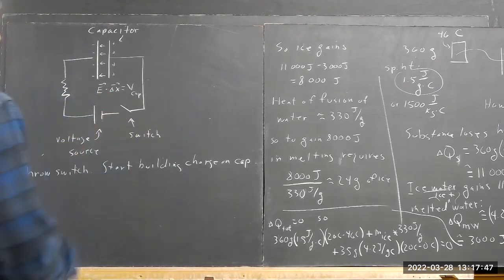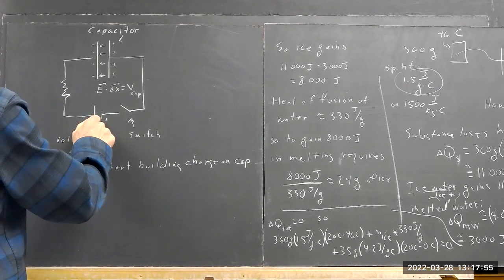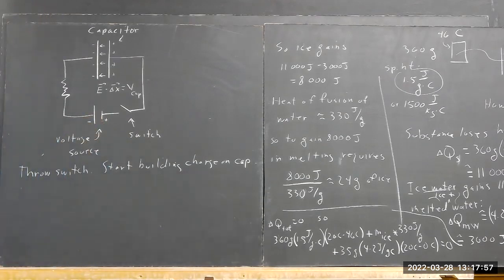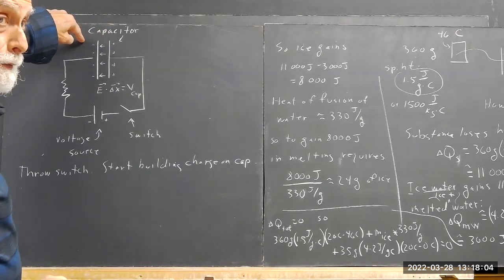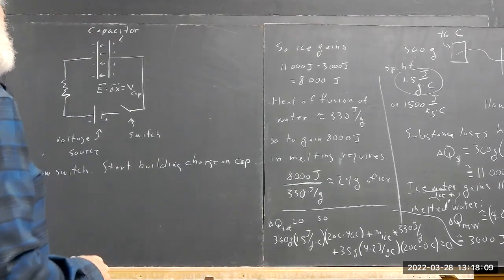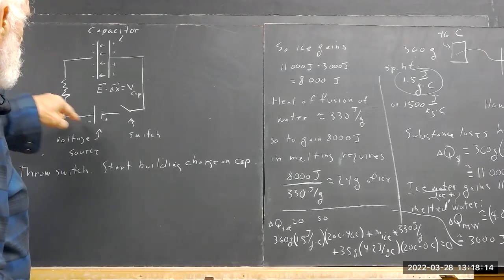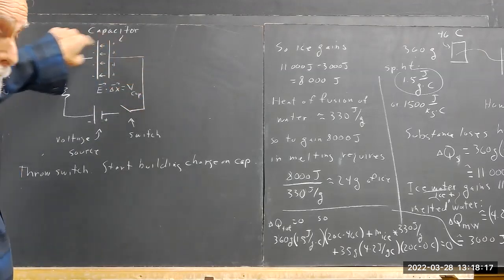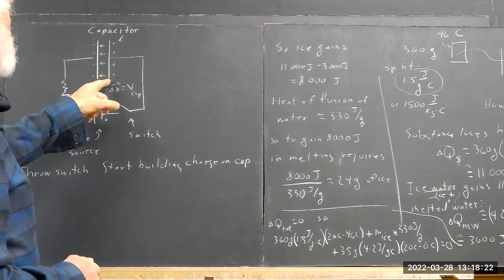And that voltage, well, okay, this is the positive end of the source, and this is the negative end. This is the positive end of the capacitor. This is the negative end, right? So if you're moving from here around here in the counterclockwise direction, you get a positive voltage across here.